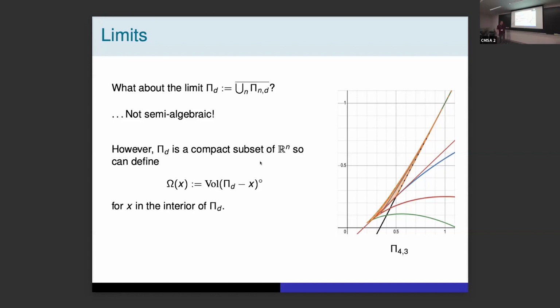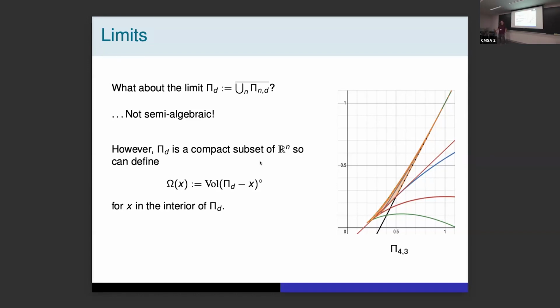And here this works as well. So pi d is a bounded subset of R^n, so it has a finite volume. And so if we move it so that the zero is in the interior, then the dual is actually also a bounded polytope with finite volume. We can take this as the value.